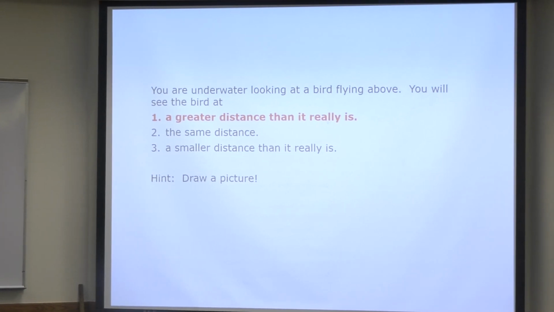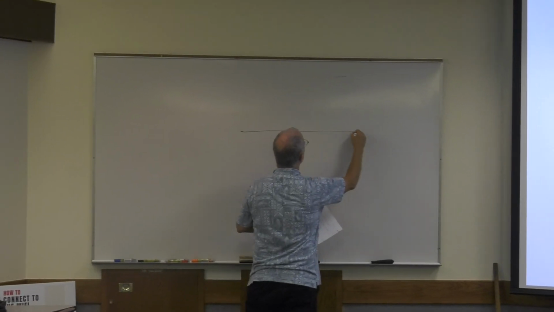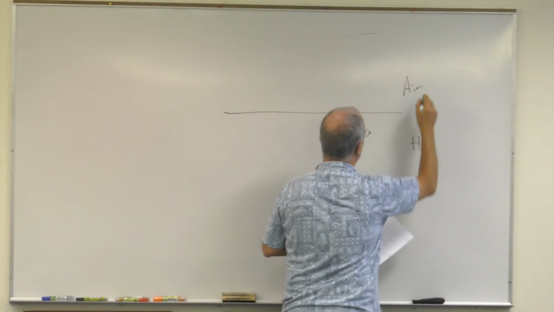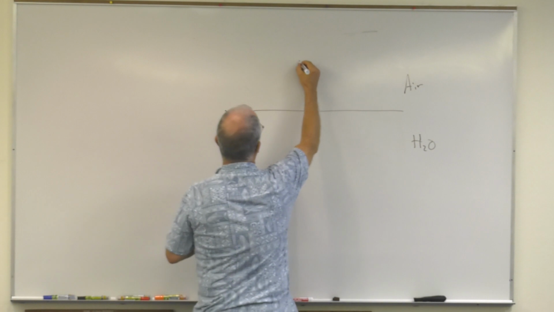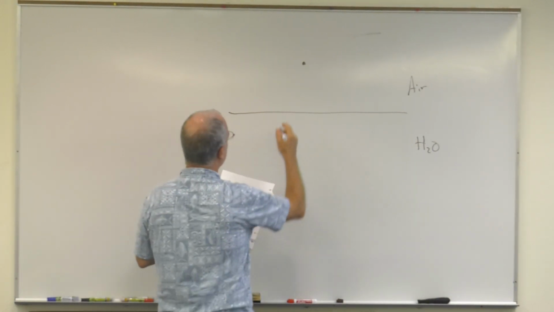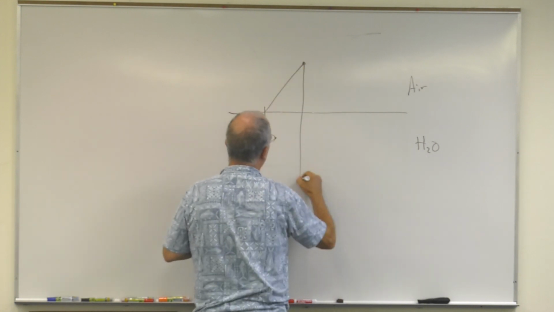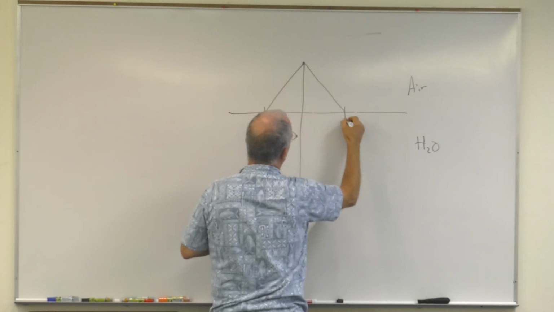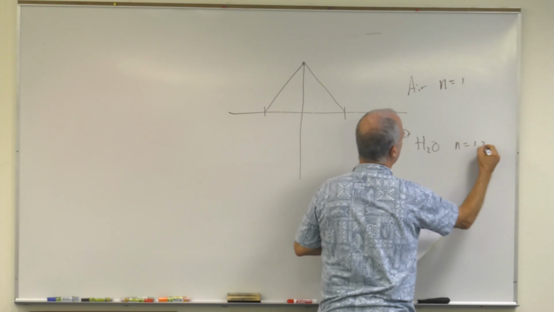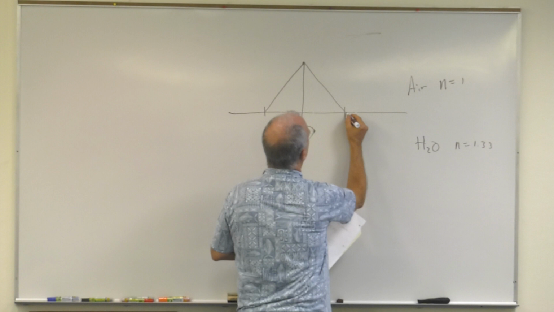So I'm not much of an artist, but here's the water, here's air, and let's say here's the bird. The light is coming from the bird. Now, we're going from small n to large n, so the rays bend toward the normal.